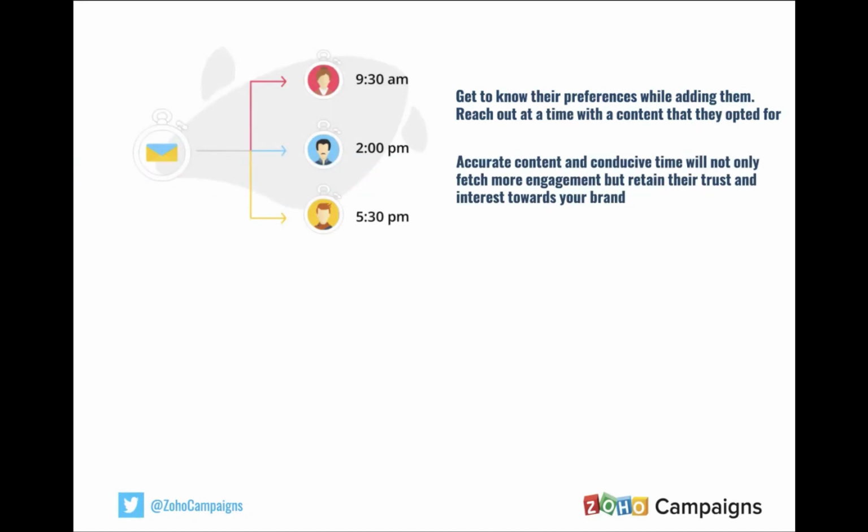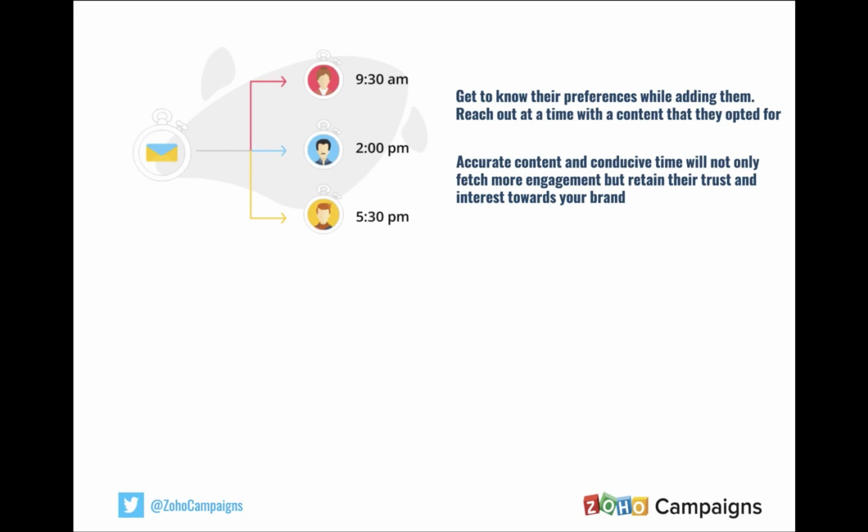As I said, accurate content and conducive time. This will not only fetch more engagement, but the trust factor that you need to establish will be established, because if you build a pattern of sending emails at a certain point of time which is favorable, then they will also expect to get your emails during those times.